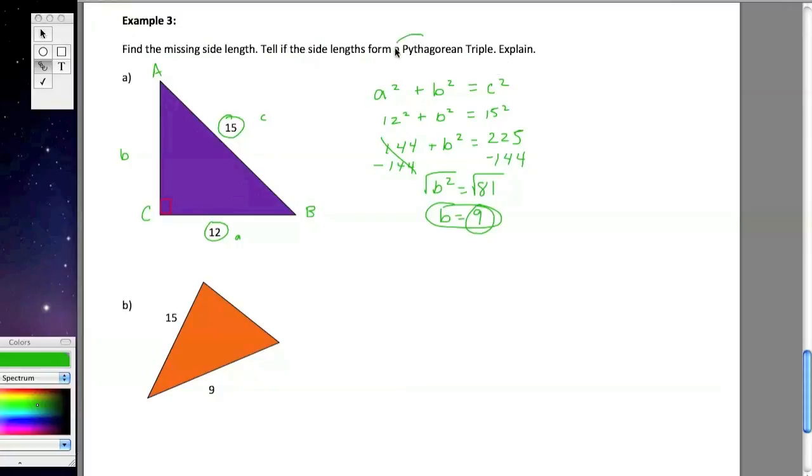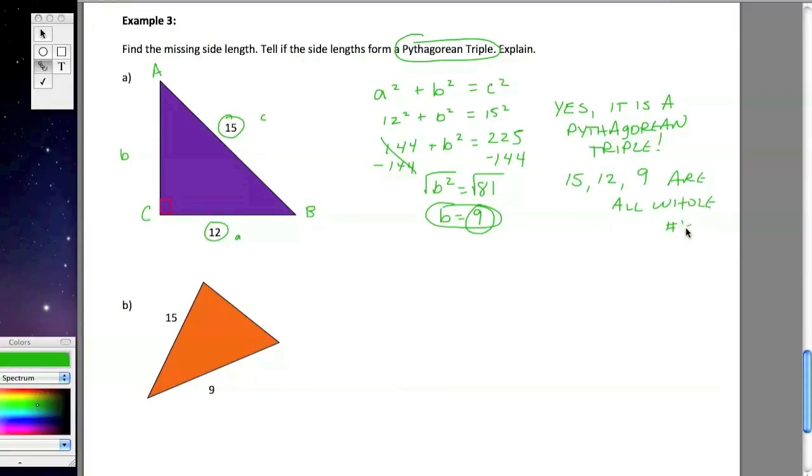So when it asks if it's a Pythagorean triple, yes. It is a Pythagorean triple. 15, 12, 9 are all whole numbers. Okay? This is great news for us.